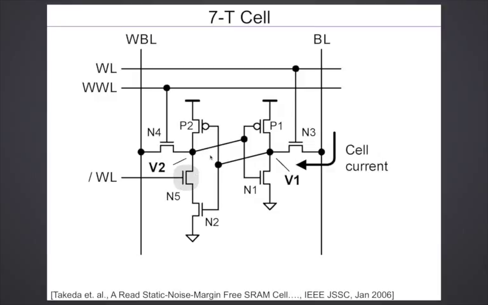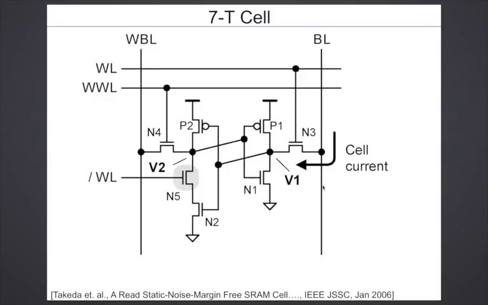So how does the write cycle happen here? During a write, basically you have to pull down the node which is high.